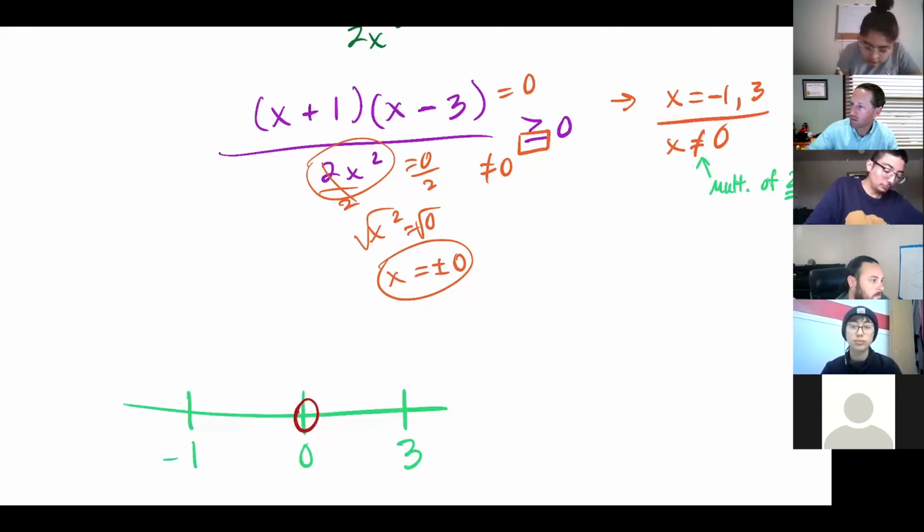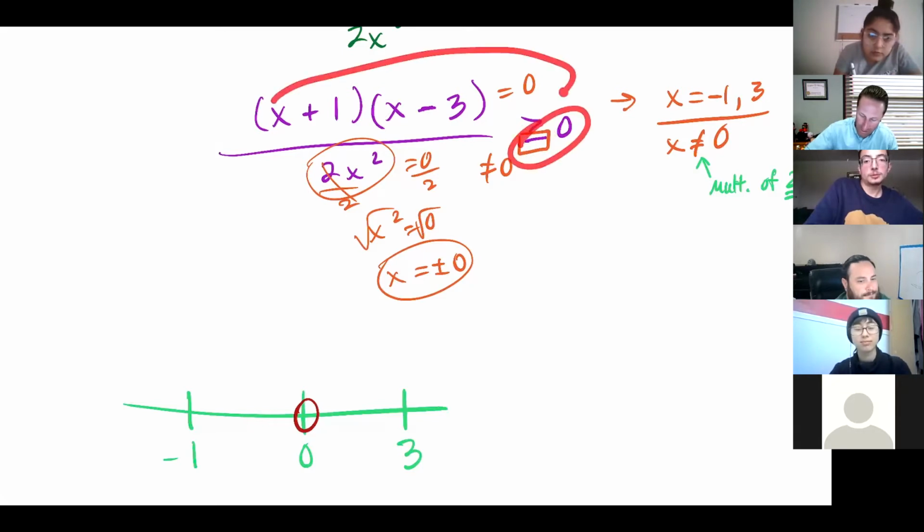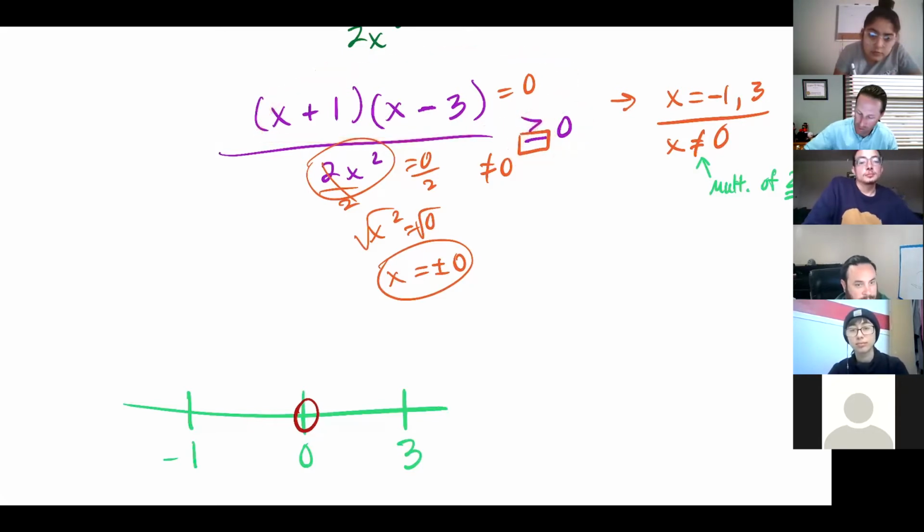Yes, very good, Brianna, and everyone else. Why? Because it's greater than or equal to. They said equal to 0, and the top is where it would actually equal 0. We know 0 divided by any number is 0. So we will include these, which means I'm going to put a closed dot at -1 and at 3.